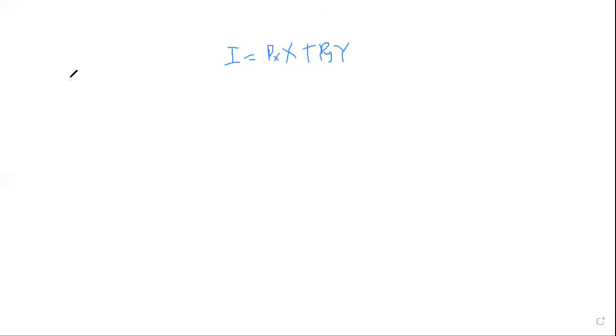When we draw the line, we have x on the horizontal axis and y on the vertical axis. So here it's assumed that y is the dependent variable and x is the independent variable.